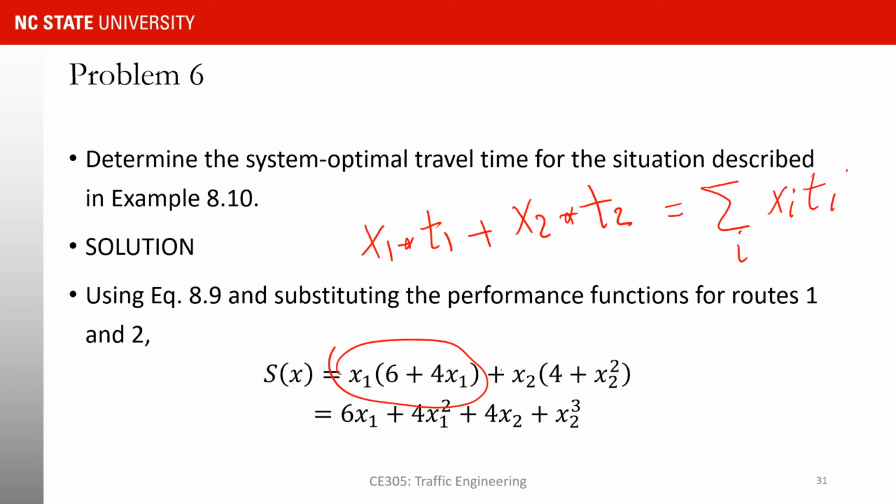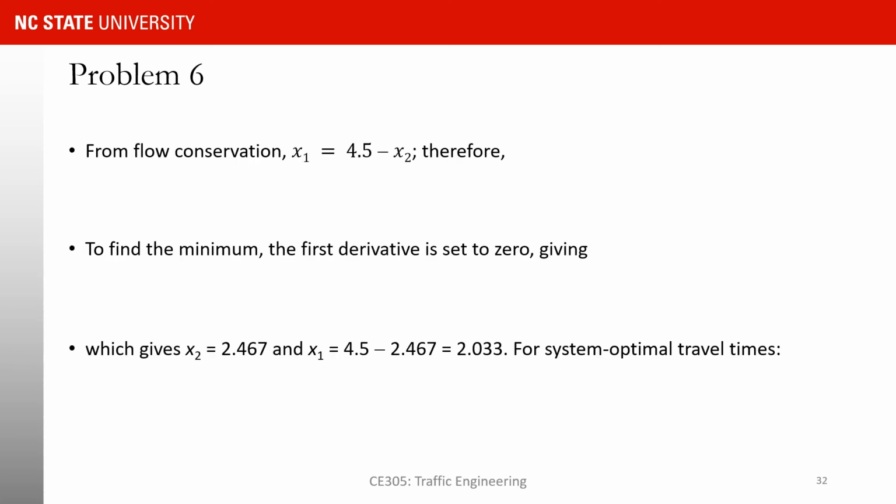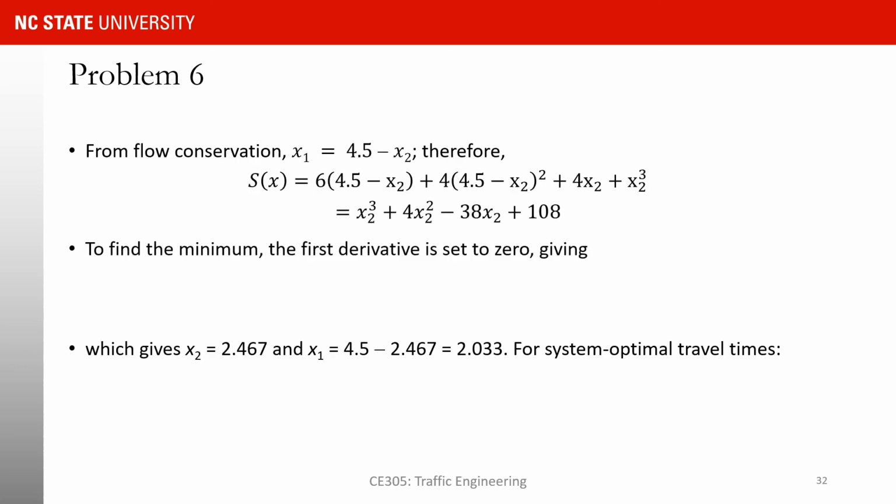So we have that based on x1 and x2. What I'm going to do next is substitute x1 with 4.5 minus x2. So if you do that, the S function is now going to be only a function of x2. We take the first derivative, set it equal to 0. That's going to give me an x2 of 2.467 and x1 of 2.033.